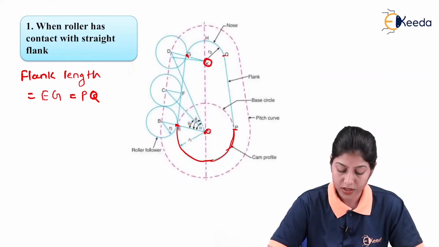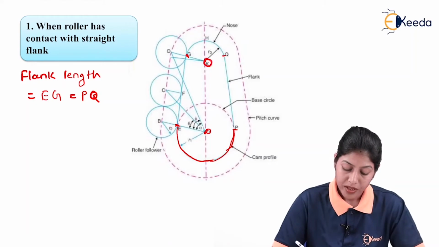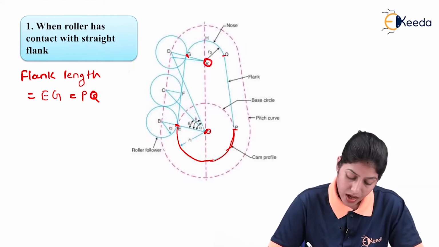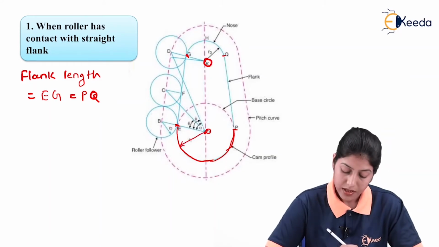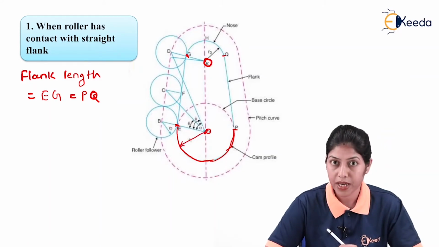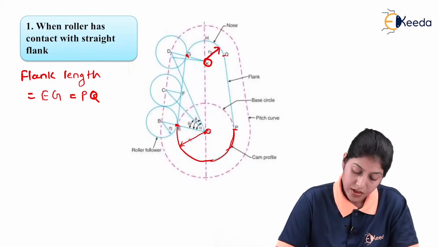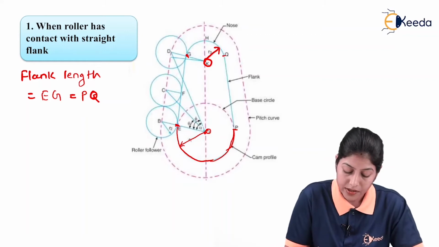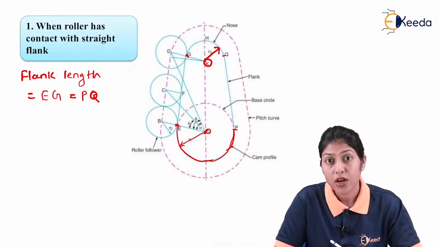and here this center O is representing the center of the base circle and center K is representing the center of the nose circle, and here you can see the radius of all circles. So R1 is representing the radius of the base circle. R3 is representing the radius of the nose circle, and this cam is in contact with the roller follower.